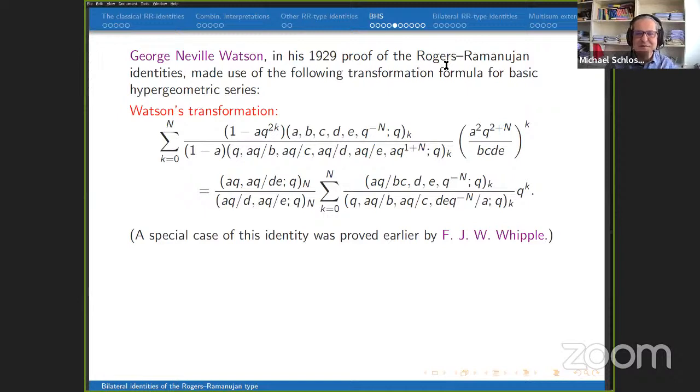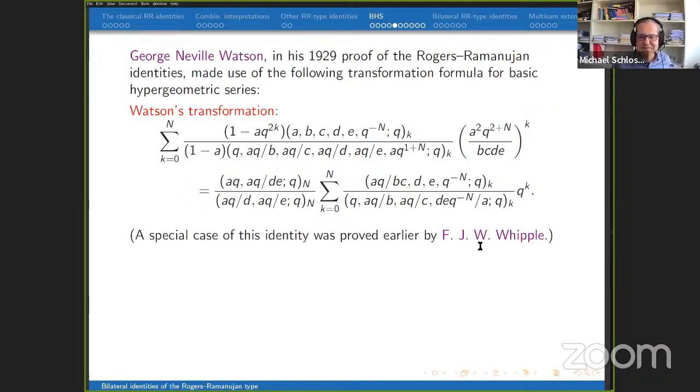So Watson, because he wanted to prove the Rogers-Ramanujan identities, actually proved what is now called Watson's transformation from scratch, more or less. He proved it because he needed it for the Rogers-Ramanujan identities. It was not that this was already available. What was available was the q = 1 case. You replace the parameters a, b, c, d, and e by q^a, q^b, and so on, and then let q go to 1.